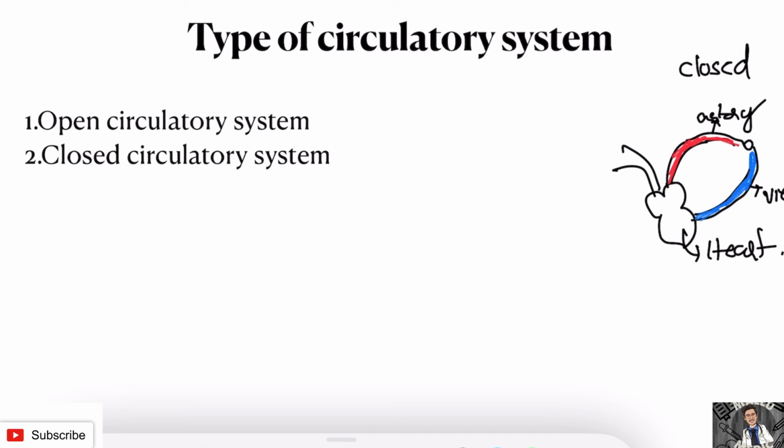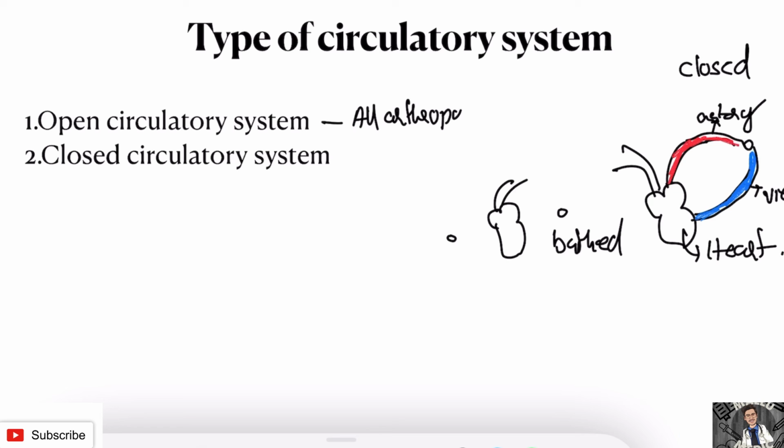But in some animals we have the heart, but we don't have blood vessels. The heart just pumps out blood, and all the cells and other organs are bathed in it. So this is the idea behind the type of circulatory system. Within open circulatory system we have a few phyla, like all members of Arthropoda, then Hemichordata, and most of the Mollusca.